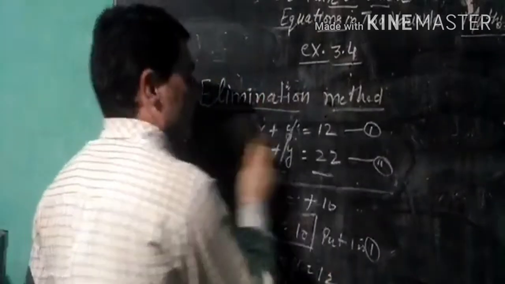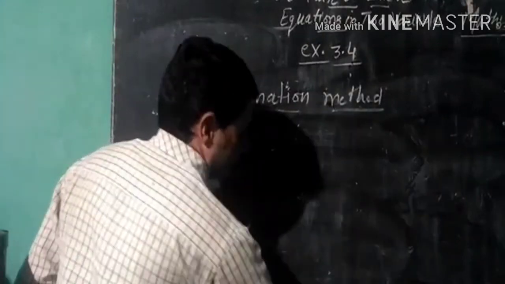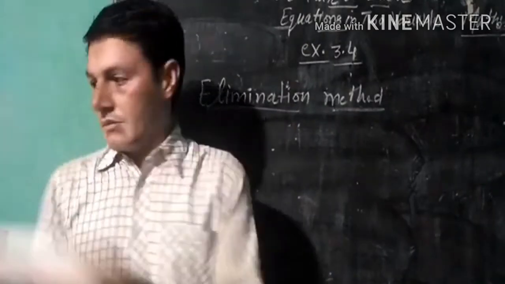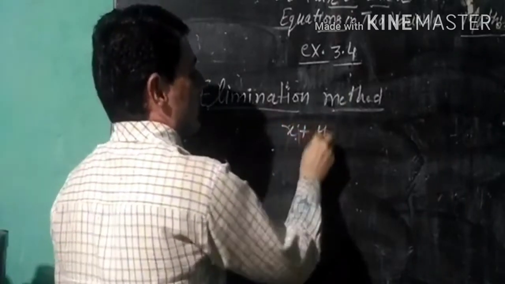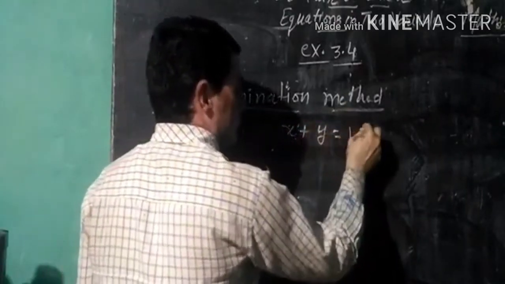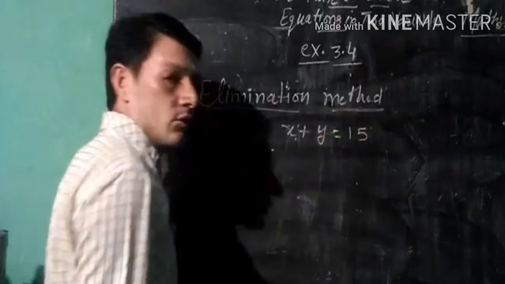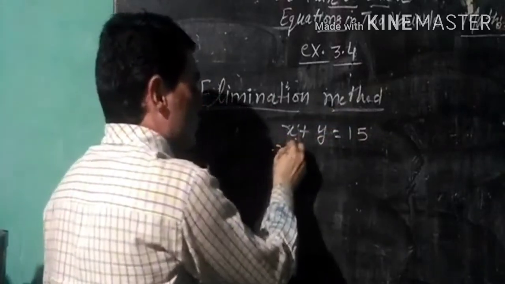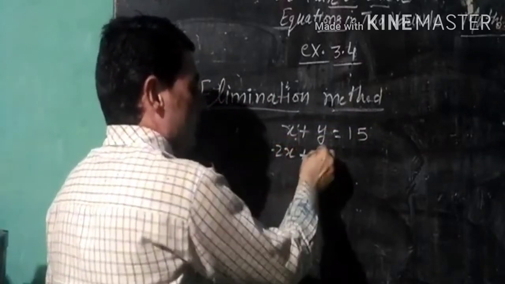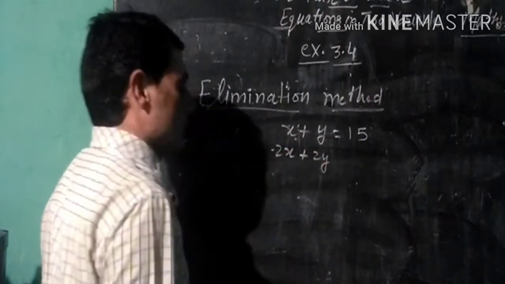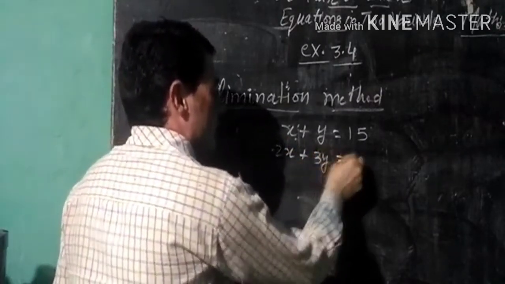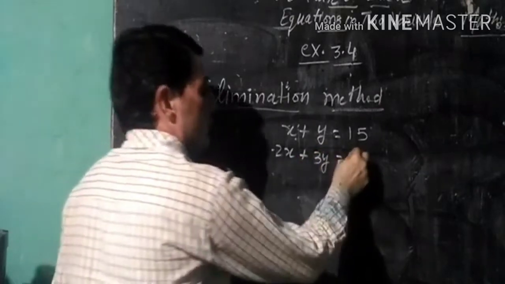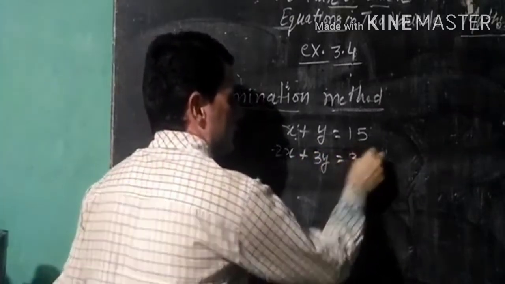Let us see. Suppose कीजिएगा, this is x plus y is equal to 15. Okay. This is 2x plus 2y... x plus 3y is equal to 35.